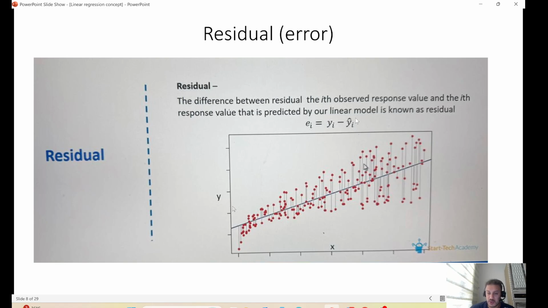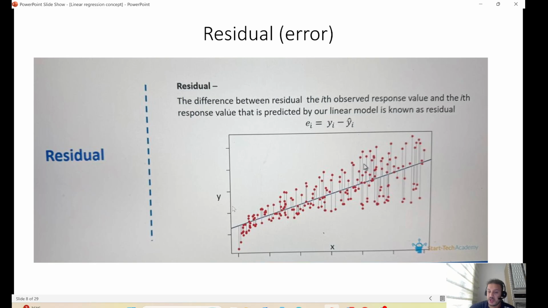Residual is y minus y hat. Y hat is your predicted y, the model, the blue line. The blue line represents beta 0 plus beta 1 multiplied by x, the whole model. And y is represented by the dot point. This dot point is your true value, your true y, that you inserted.